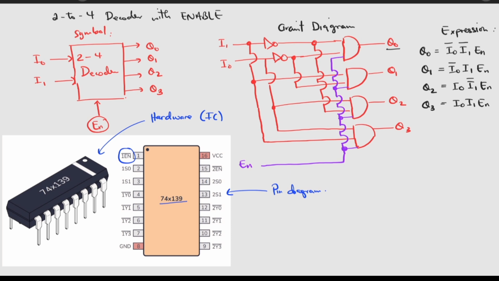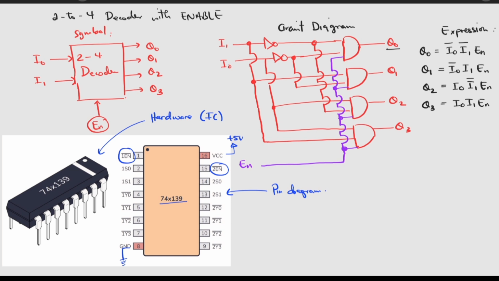This enable 1 is to enable the first 2 to 4 decoder, and this pin 15 is the second enable for the second 2 to 4 decoder within this IC chip, and this can be connected to the 5 volts power supply, and this can be connected to the ground.